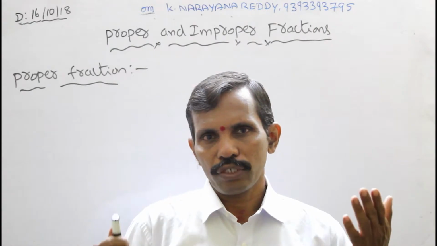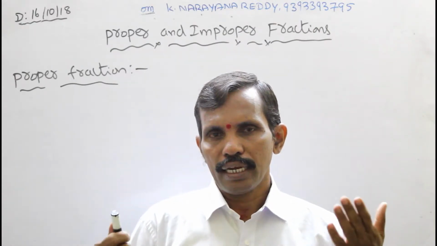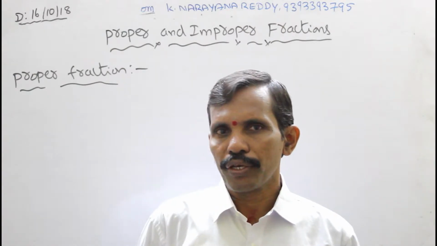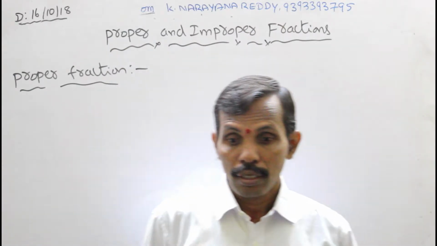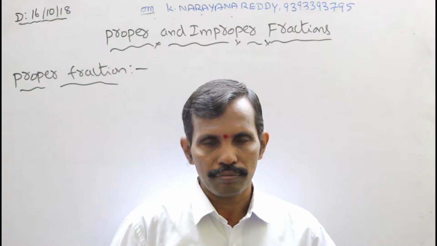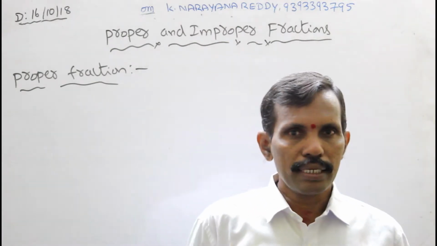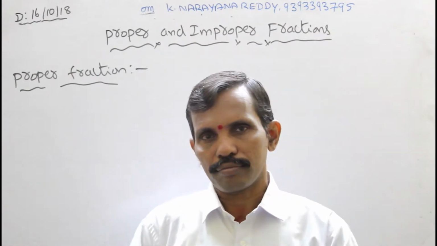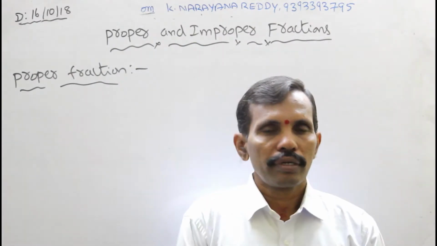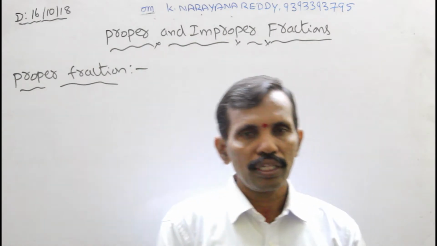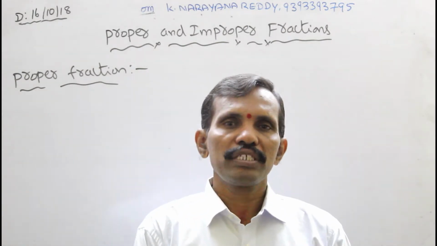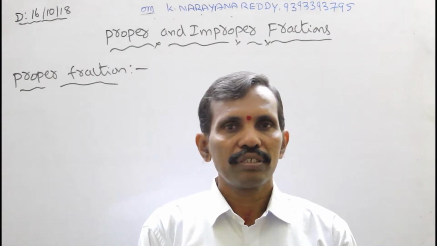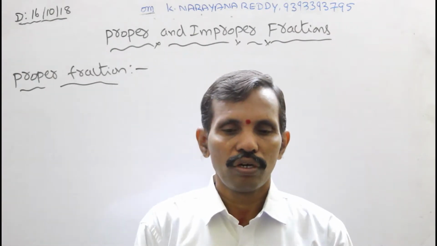So we can express real numbers or integers in the form of P by Q. That is called a fraction. But in polynomials, if f of x and g of x are two polynomials, you can express them in the form of f of x by g of x, which is called a fraction, where g of x is not equal to 0.